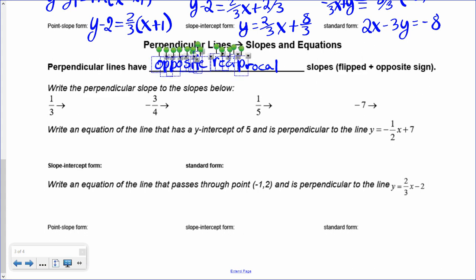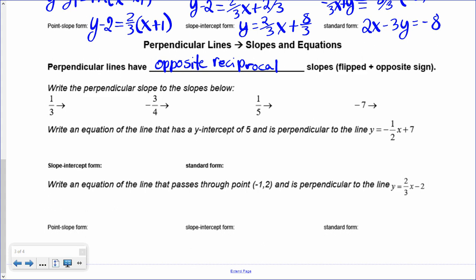Yeah, can you just say opposite? No, because it's both. Opposite. There are two things you have to do. You change the sign and flip the fraction. If you miss one of those, then you're not getting the correct slope for perpendicular. You have two things that you need to do.